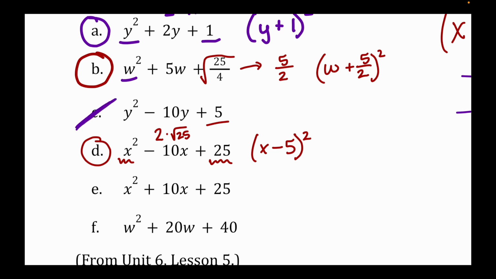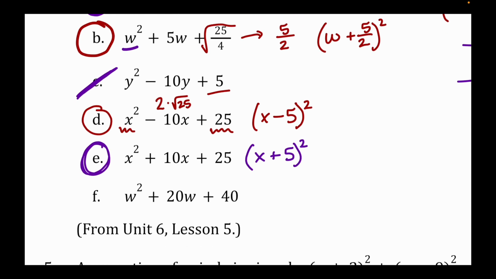I wanted to alternate colors. This is the same thing as the one above it, except the middle term is positive. So this one works also, because 25 is a perfect square, and so is x. It just means we're going to have plus in the middle. So x plus 5. And that's going to be squared.